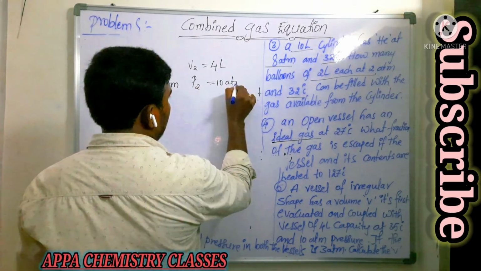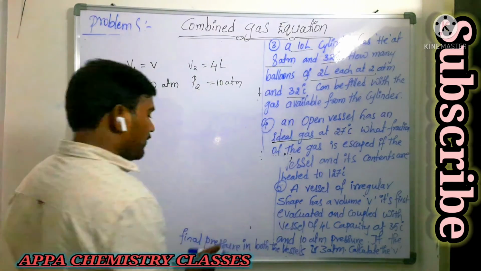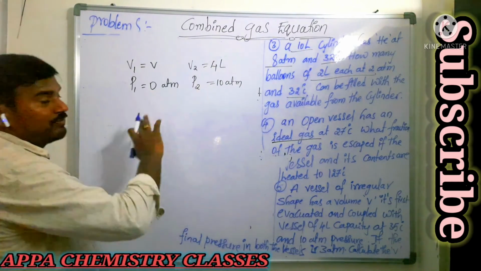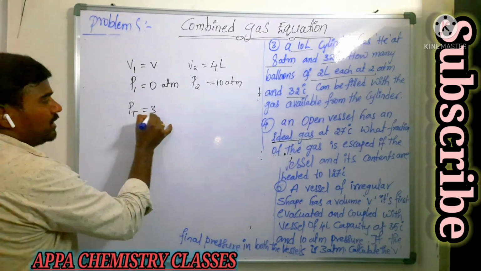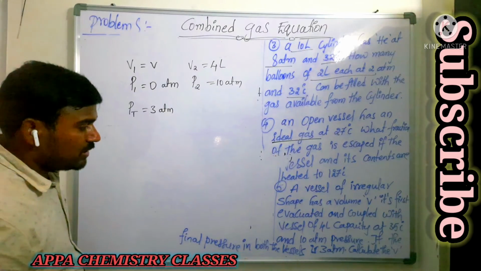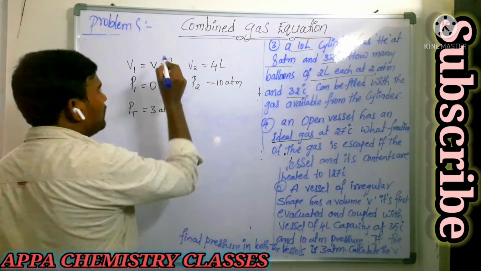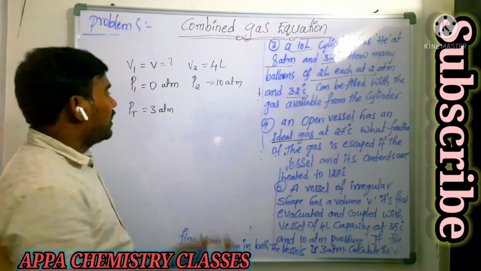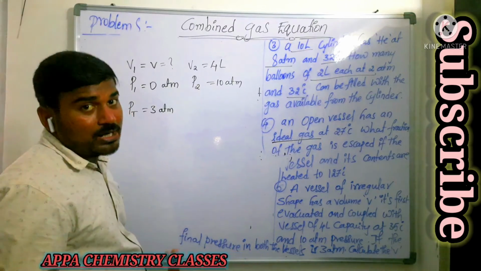When these two are connected, the final pressure in both the vessels is 3 atmosphere, and we need to calculate V.